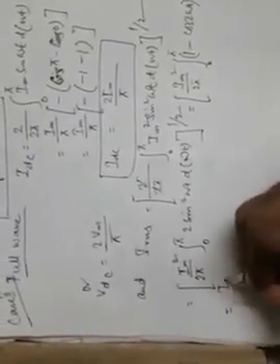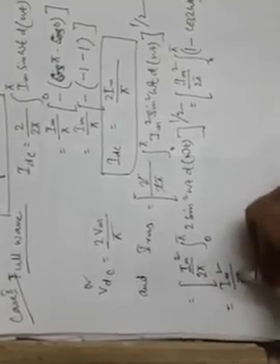So from here we should write Im square by 2 pi.